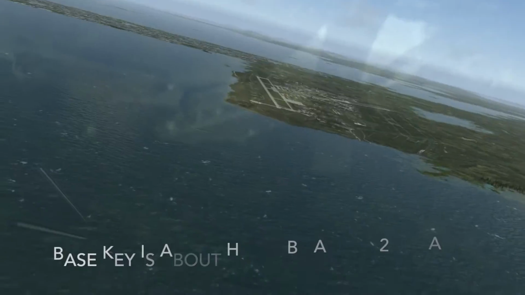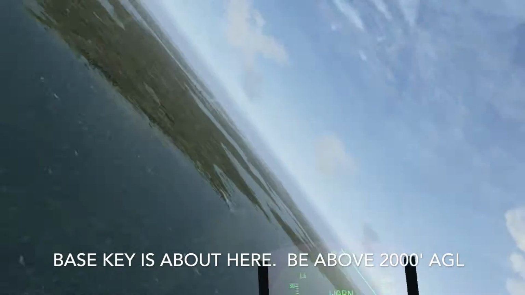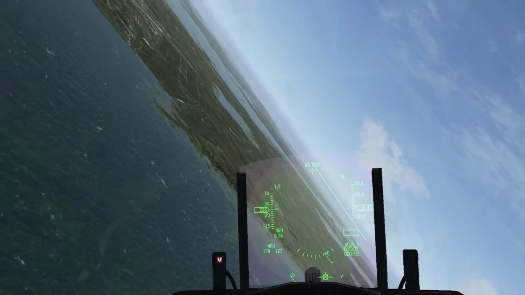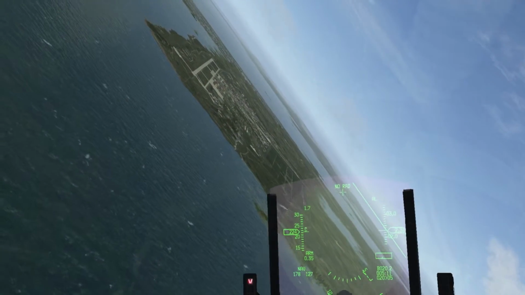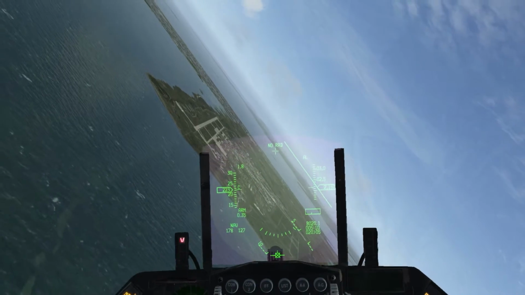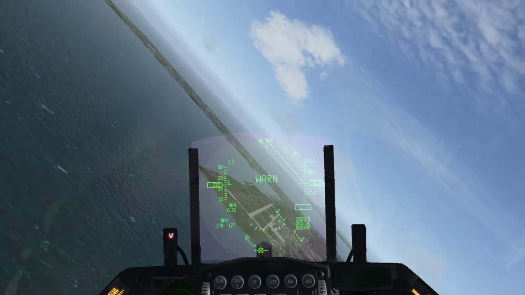Thousand feet above, 2,000, so we can have a little bit more energy than the minimum needed, which is fine. There we go, 220 knots inbound.